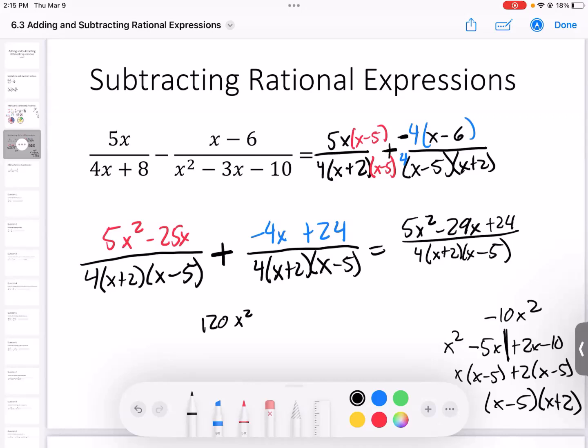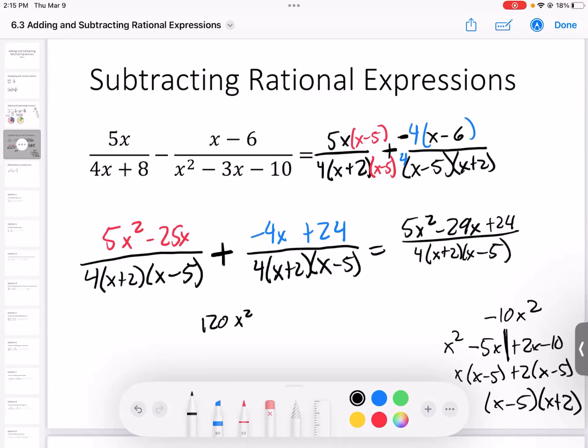8. What's 120 divided by 8? It's 15? And 8 plus 15 is not 29. What about 6? 120 divided by 6.